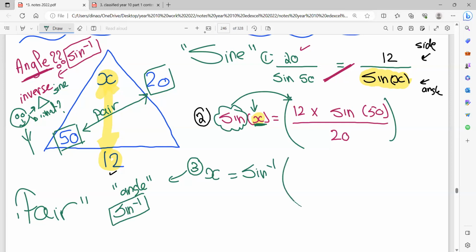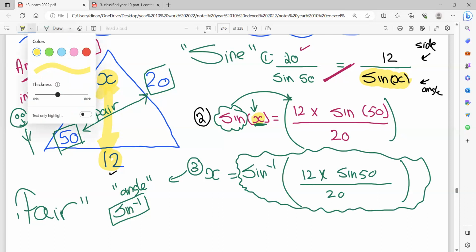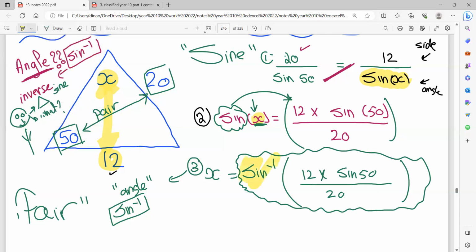Okay, عادي جدا. أهو. Maybe I can give you another example. And then 12 times sine 50 over 20. And I will place all of this on the calculator. So as you can see, there is one extra step over here, which is moving the sign to the other side as sine inverse, the whole fraction. And then I will highlight everything that needs to be placed on the calculator, which is all this.